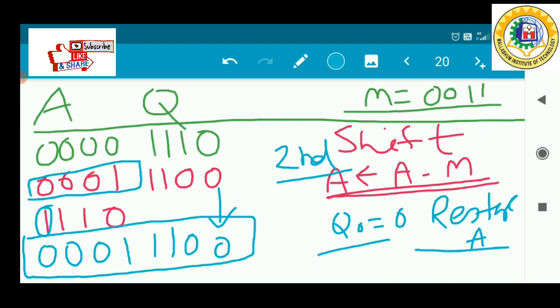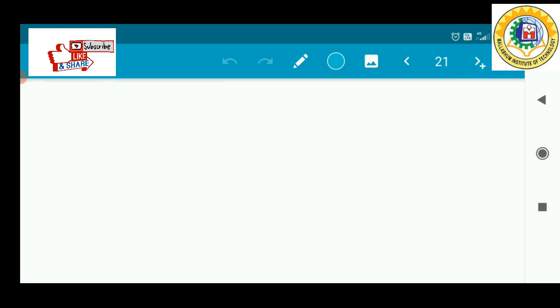After this your count will become 2. So your A will become 0 0 0 1 and Q will become 1 1 0 0. Now in the third cycle, M is still 0 0 1 1.